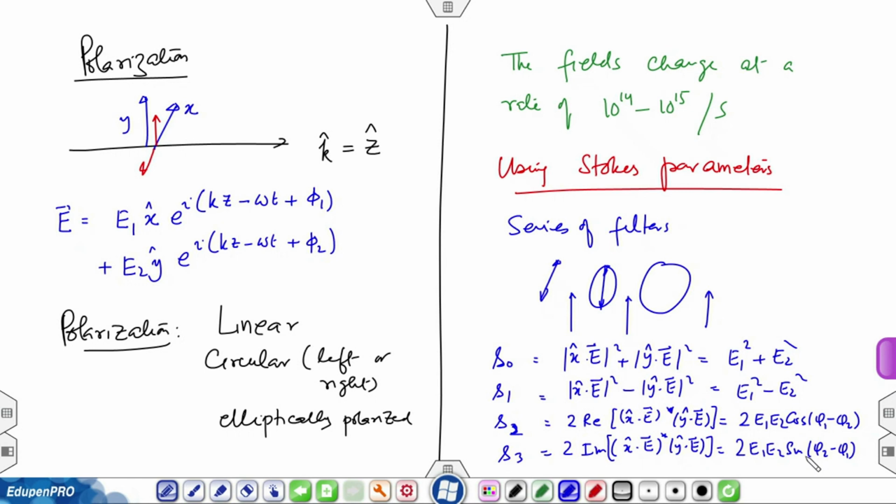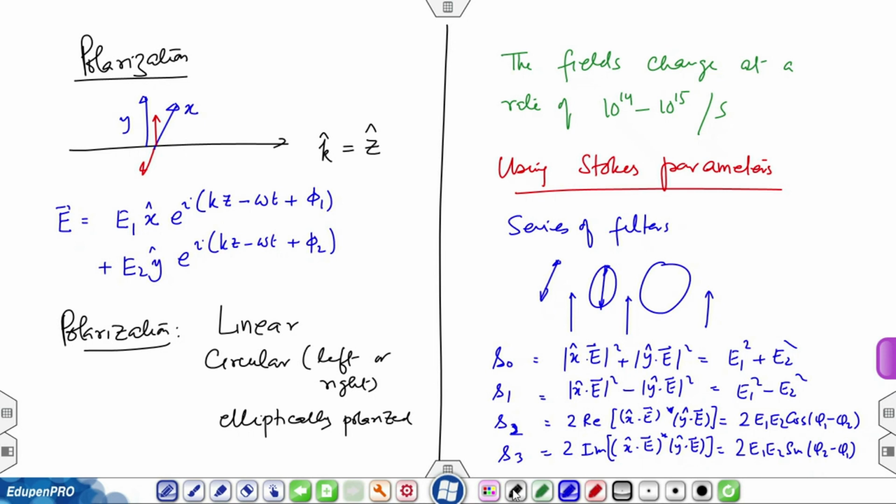So, by measuring these S naught, S 1, S 2, S 3, you actually determine all the amplitudes and their relative phases, and these are measured using different kinds of filters in series. But this is all I am going to talk about Stokes parameters.